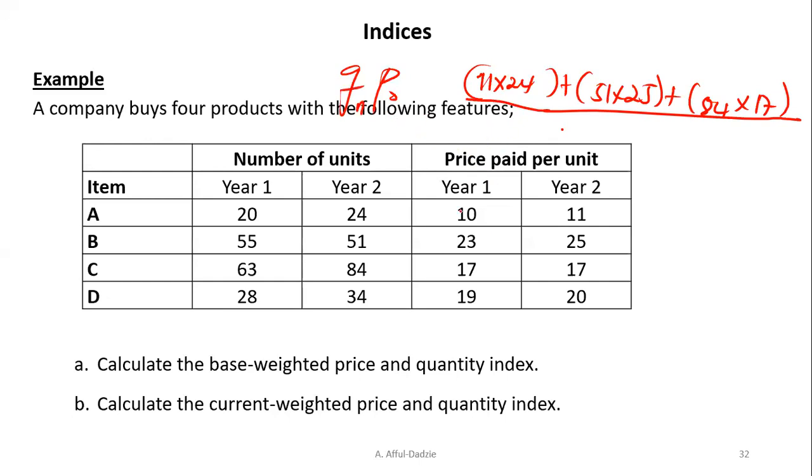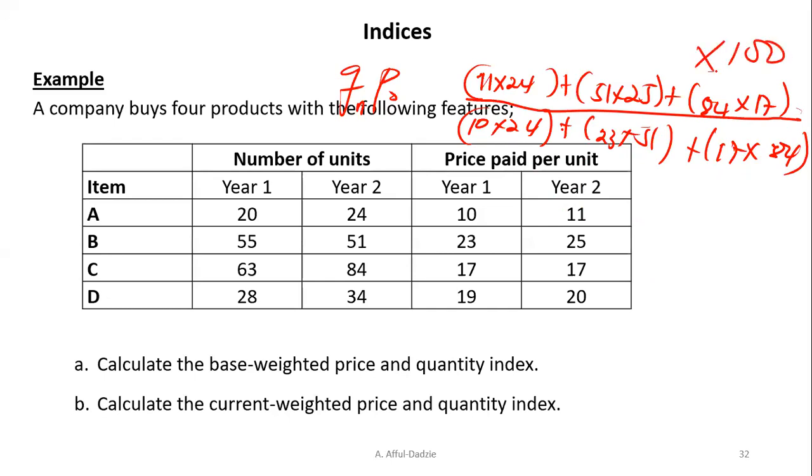So you're going to have 10 times 24, plus 23 times 51, then plus 17 times 84, and you do the last one. When you are done with everything, you multiply by 100.